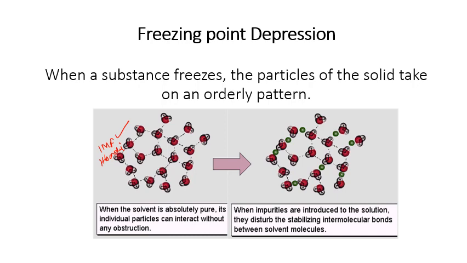So what happens? It needs a lower kinetic energy or lower temperature to get the orderly arrangement back into the solid form. So that's what is happening when you add an impurity, a salt, or any other solute particle into ice. So it is lowering the freezing point.